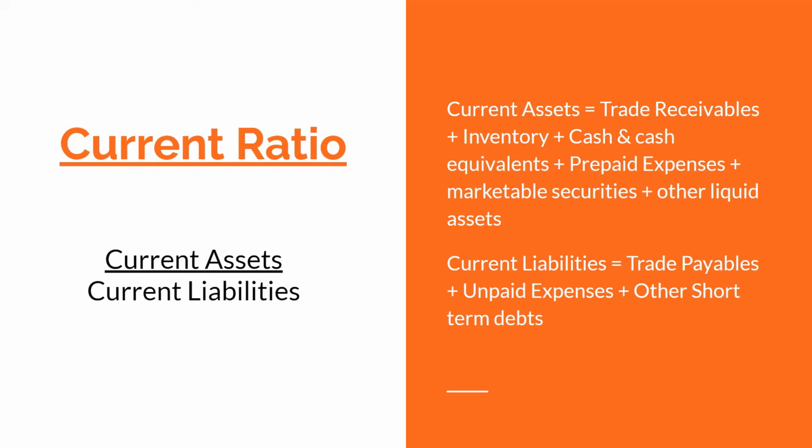A major figure is trade payables, then unpaid expenses, and any other short-term liabilities. So let's suppose your current assets are 10,000 and current liabilities are 5,000. Then you will have a ratio of 10,000 divided by 5,000, which equals 2:1, which is considered an ideal current ratio.